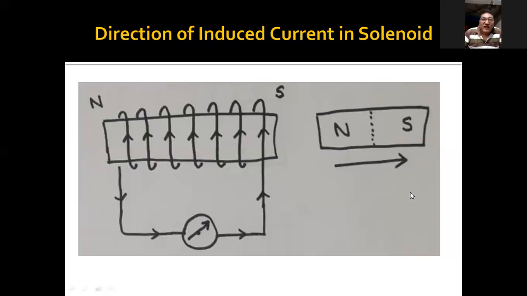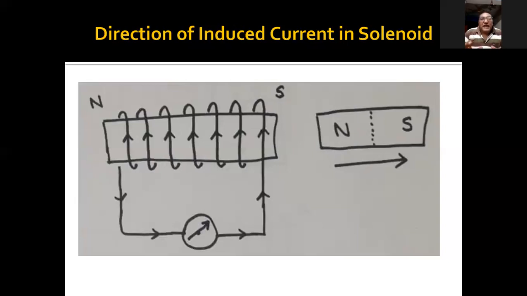So to stop this north pole from going away, a south pole will be induced on the right side of the solenoid, because this south pole will try to attract this north pole and try to stop it. That's Lenz's law.